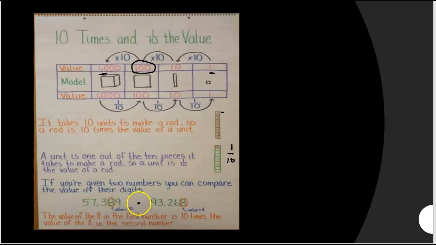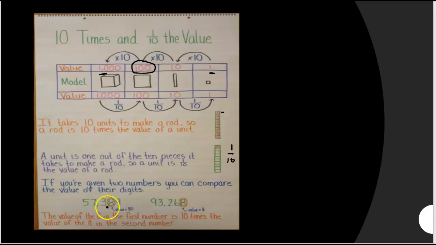So if you're given two numbers, you can compare the value of their digits. So we've got an 8 in the tens place here. The value of that 8 is 10. So 8 times 10 is 80. Excuse me, the value of that 8 is not 10, it's 80. But you multiply by 10 to get the value, because it's in the tens place. This one has a value of 8, because it's in the ones place.